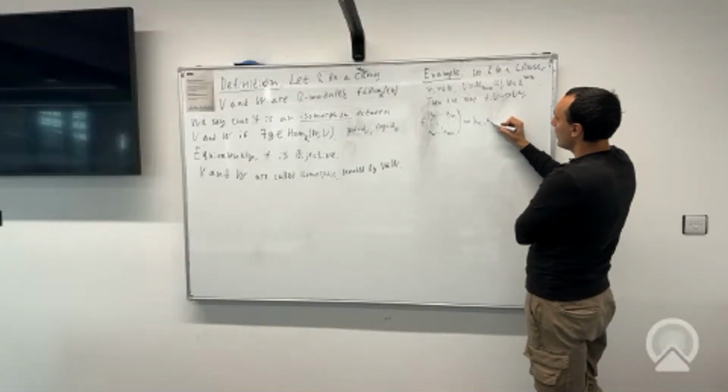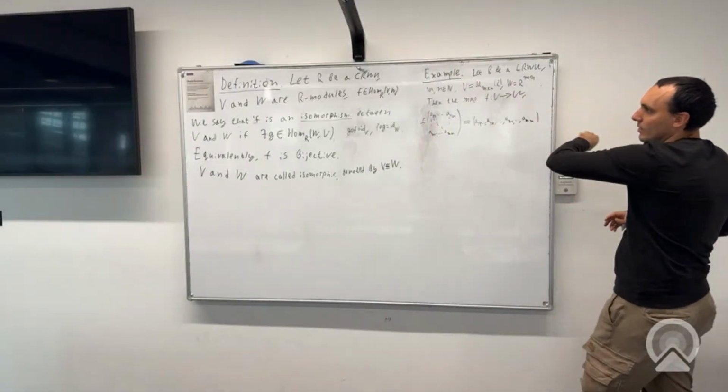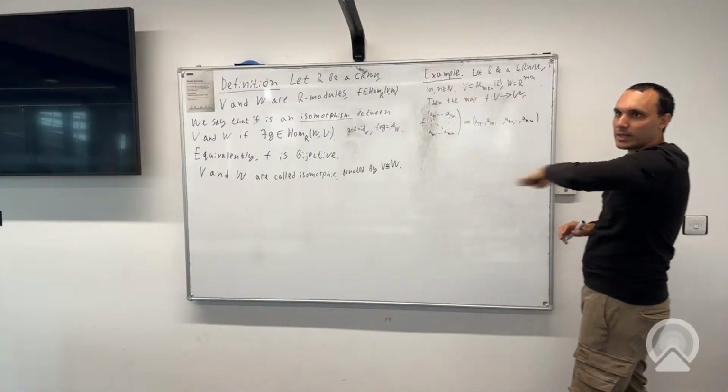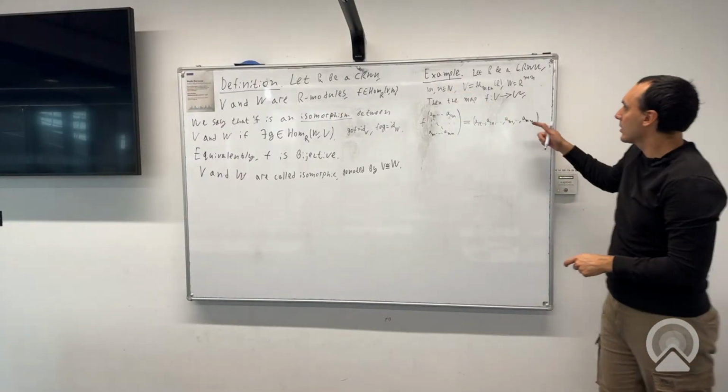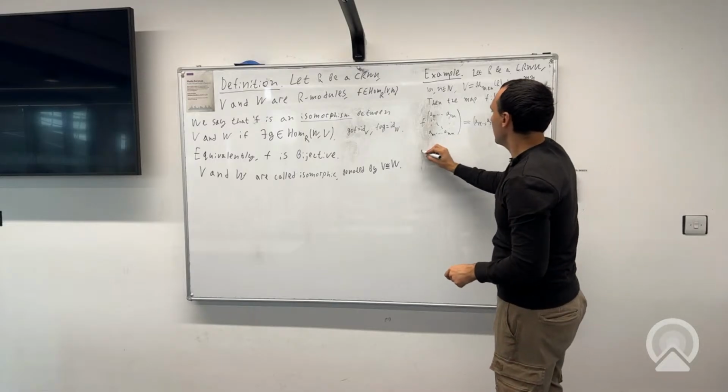So we take all the elements of the matrix and flatten them. Is an isomorphism.